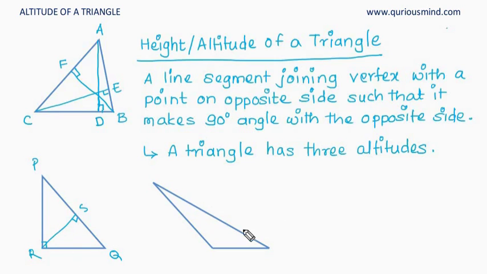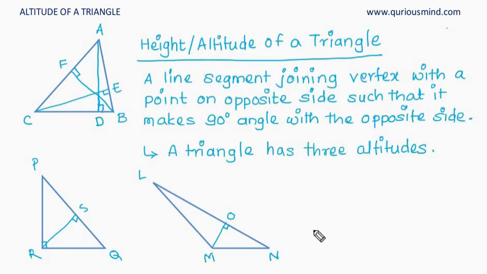What about the obtuse angle triangle? So let's take this triangle LMN. If I want to draw an altitude from M, so MO is one altitude which is inside the triangle. What about the altitude from L on MN? The closest is LM, but LM is not a right angle.